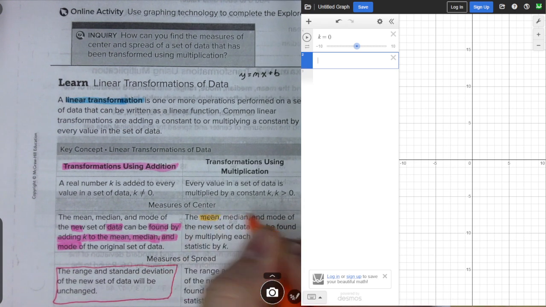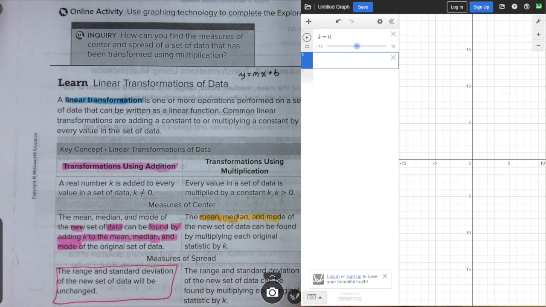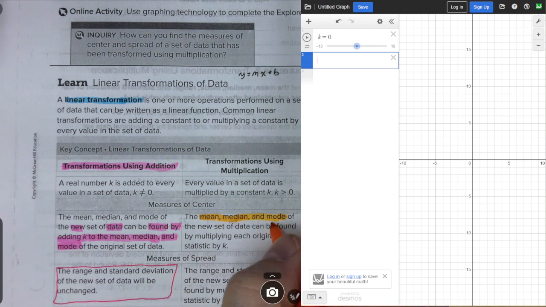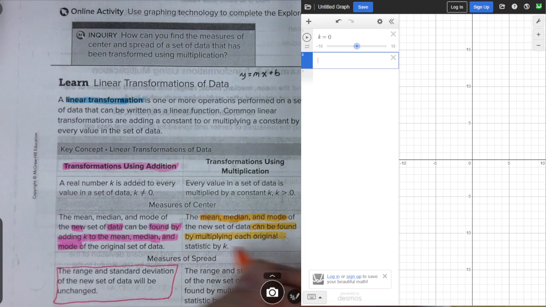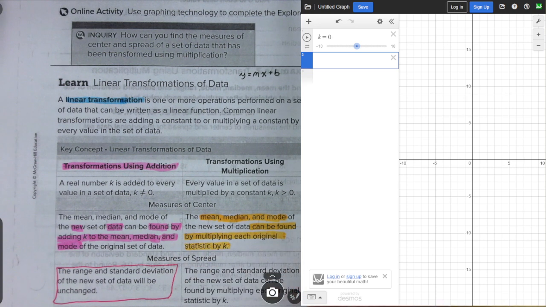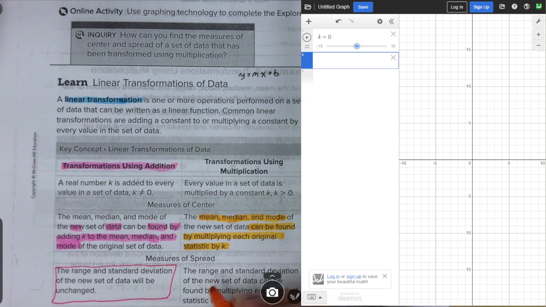The mean, median, and mode of the new data set can be found by multiplying each original statistic by k. The range and standard deviation of the new data set can be found by multiplying by k as well.